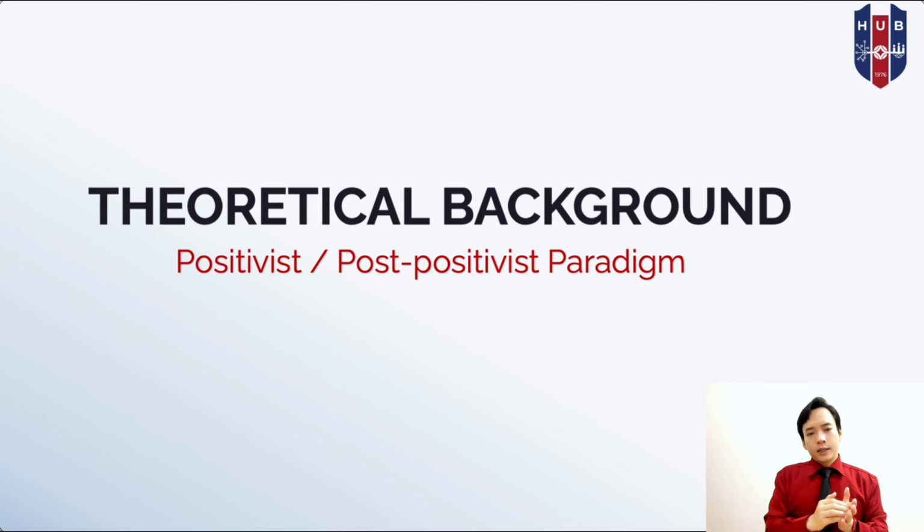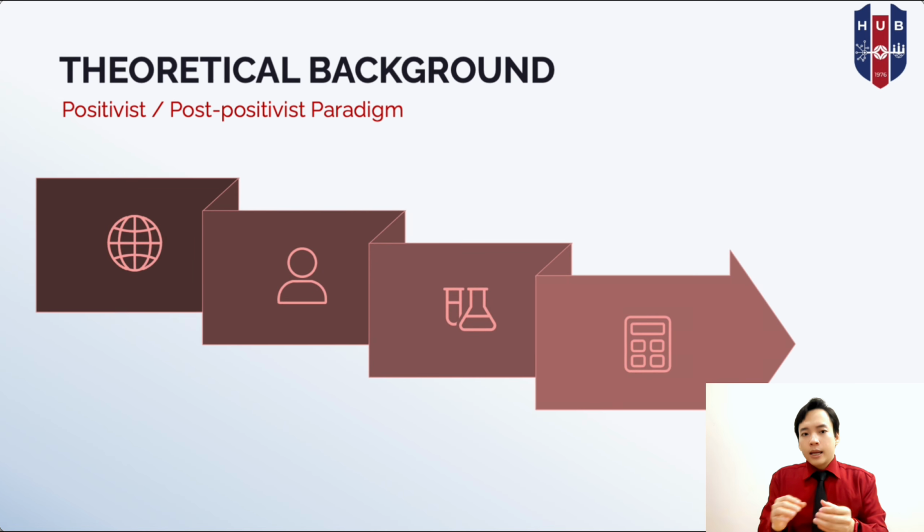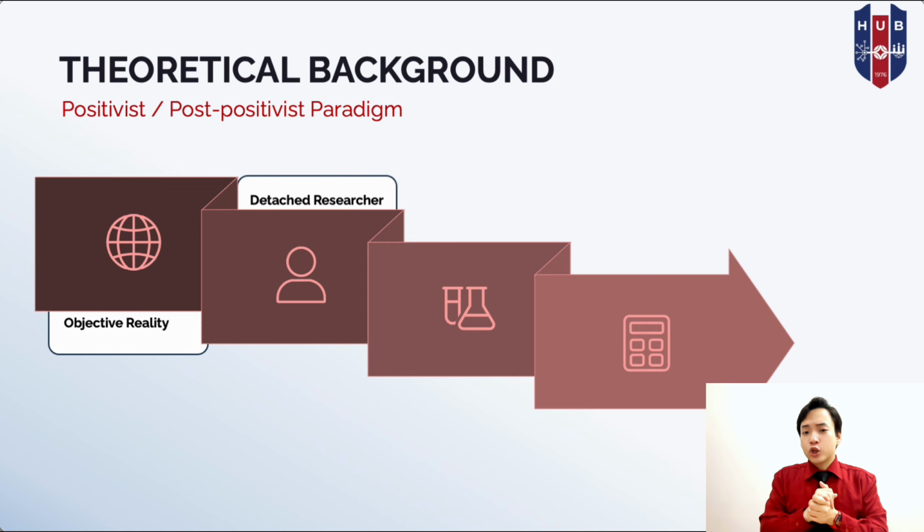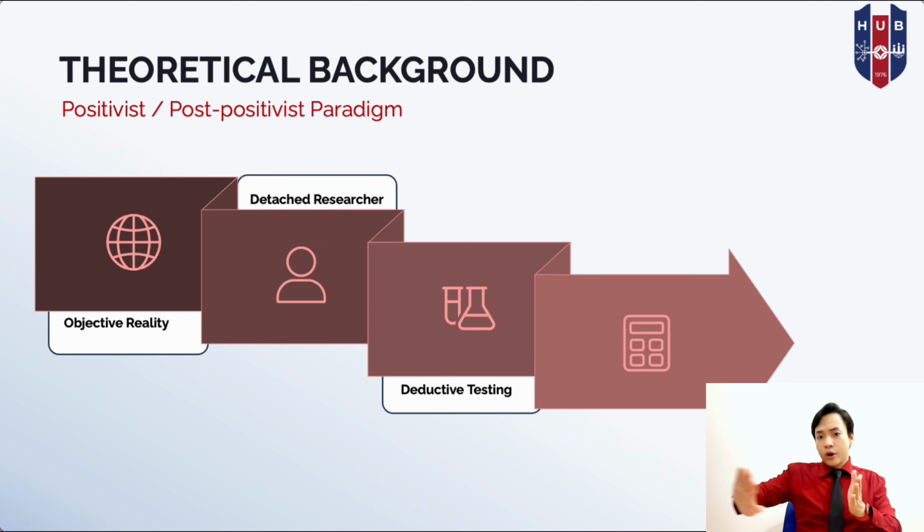To build a questionnaire properly, we need to understand the paradigm behind it. In quantitative research, we follow the positivist or the post-positivist tradition, right? Which assumes that human behavior, including language learning, can be measured objectively. As researchers, we intentionally keep a distance from the participants to minimize our own influence and avoid bias.